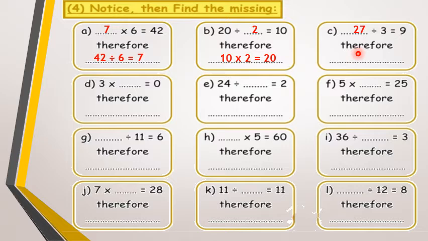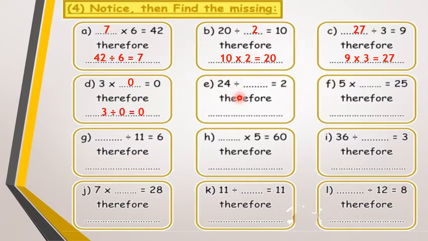This means that this is the product of 3 multiplied by 9. Here, 3 by what gives you 0? You multiply 3 by a number to give you 0, and of course it is 0, because 0 is a strong number. When you multiply it by anything, it will give you 0. Multiply or divide, it will give you 0.